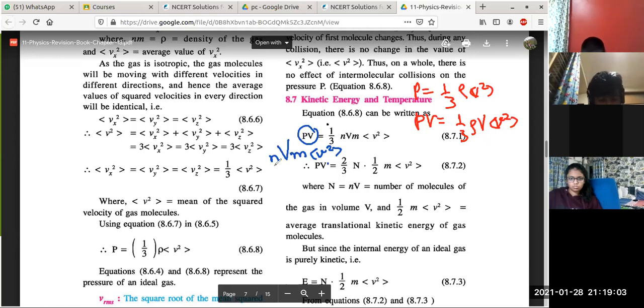From that, the number of gas molecules per unit volume into the total volume.